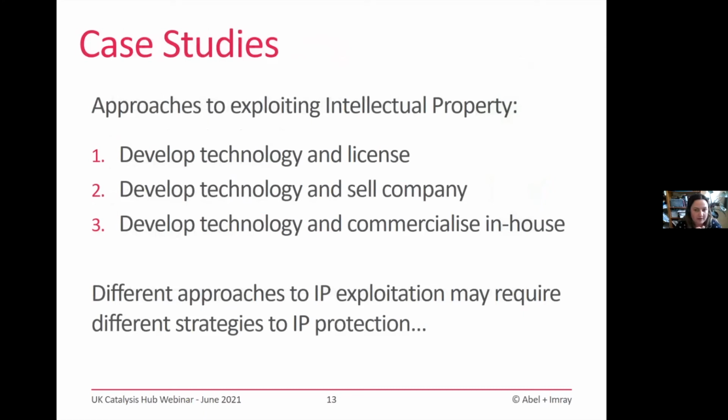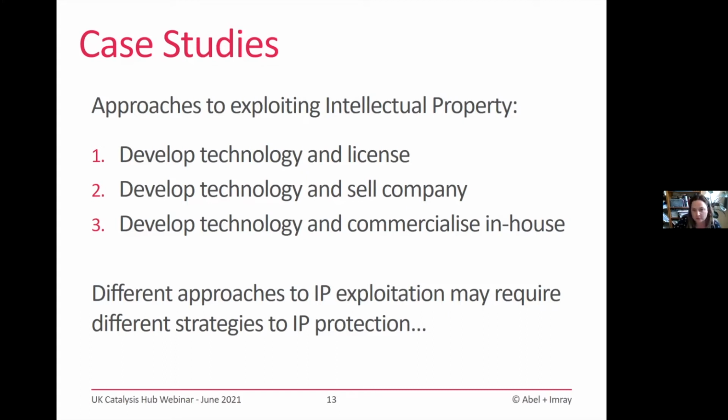So next, Tom and I are going to go through 3 case studies, which we've come up with to try and illustrate how IP can form an integral part of a business and how you can think about your IP strategy when you are coming up with your business plan and what you want from that business. So in the first case study, Tom will discuss a company that developed their own technology and then licensed to third parties.